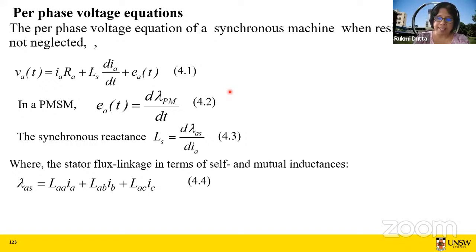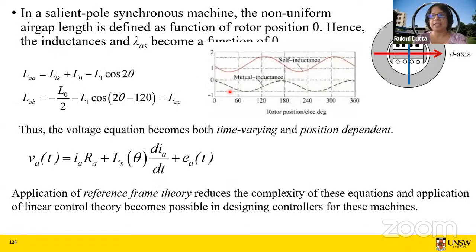On top of that, in a PMSM, there is one more complexity, especially in the salient pole type synchronous machine, where the inductance is not the same in all rotor positions.